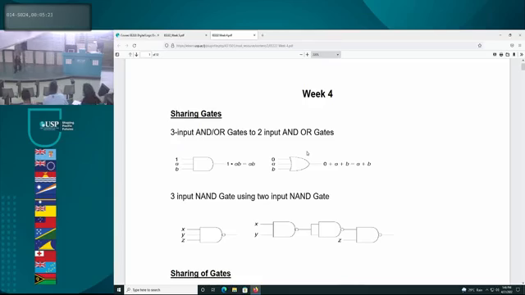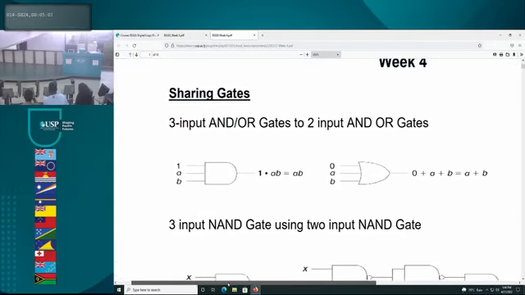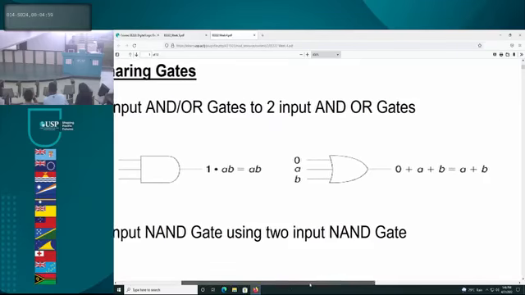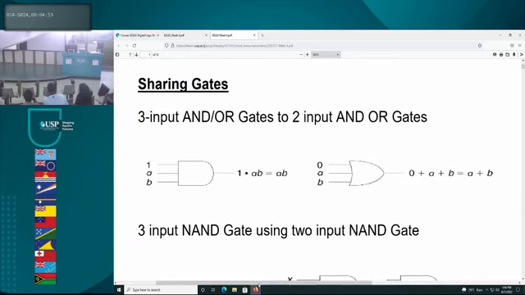So week 4, this is some basic stuff. If you have a 3-input OR gate and you want to convert it to a 2-input system, one way of doing it is like this. Okay, so that's a 3-input AND gate, and you want to convert it.